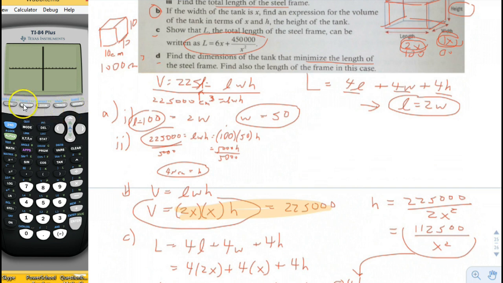I think we need to change the x min to like negative 100, and the x max to positive 100. Now let's try. There we go. Okay, so it looks like the minimum point in the positive region would be about there. So let's try to find that now.